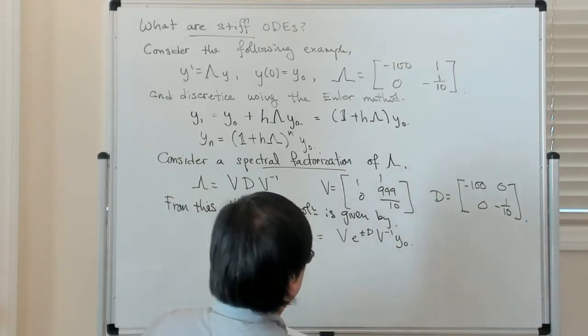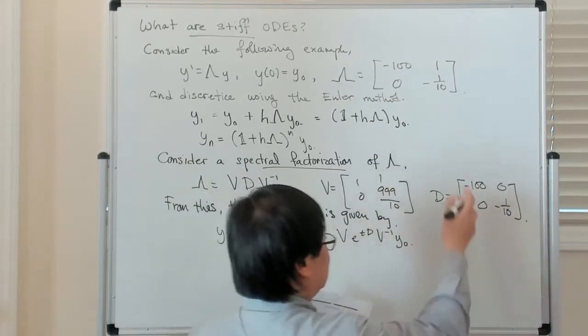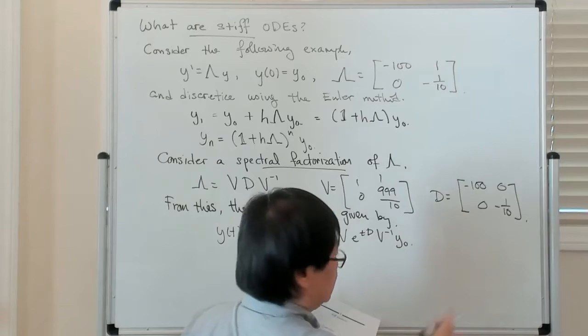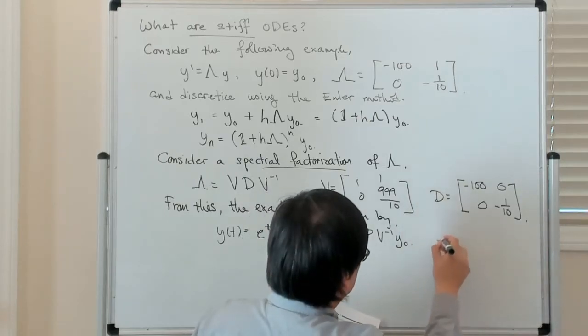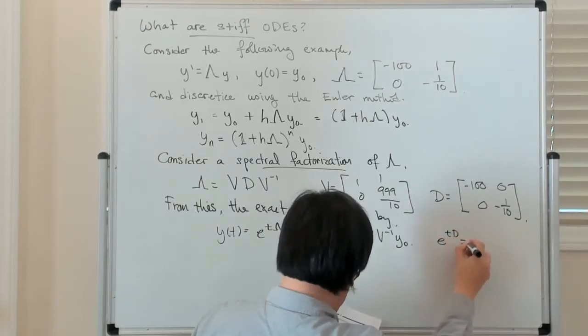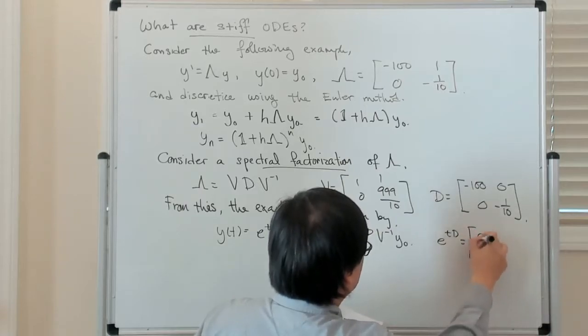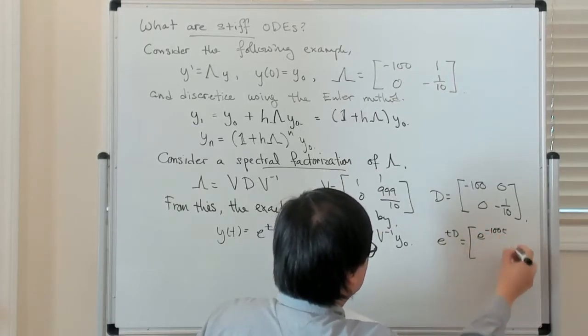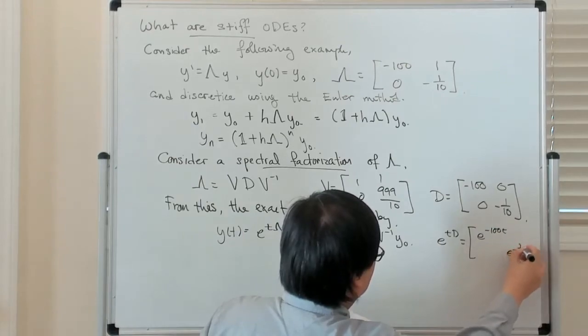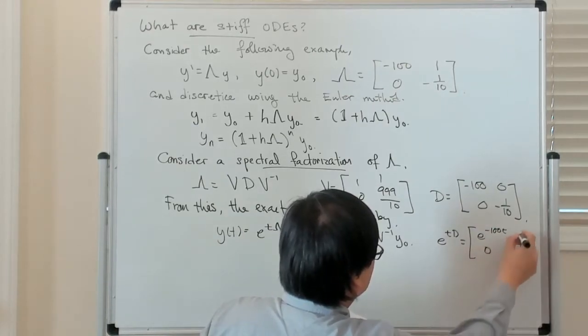And of course, e to the tD is easy to compute because D is a diagonal matrix, so e to the tD is just e to the minus 100t, e to the minus t over 10, and 0, 0.